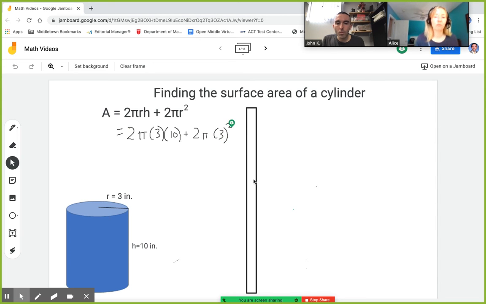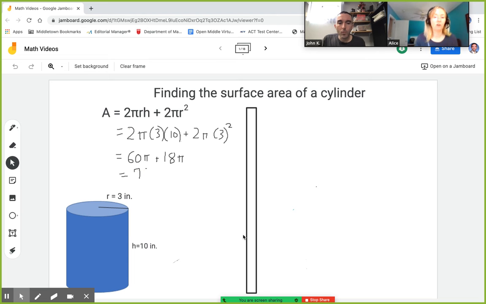I'm going to simplify and leave pi in the answer. So 2 times 3 times 10 is 60, so that's 60 pi. 3 squared is 9, and 9 times 2 is 18, so that's 18 pi. Adding those up gives me 78 pi.